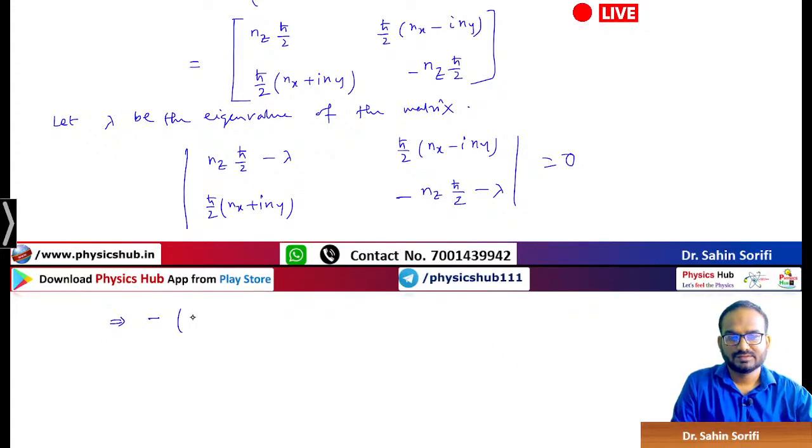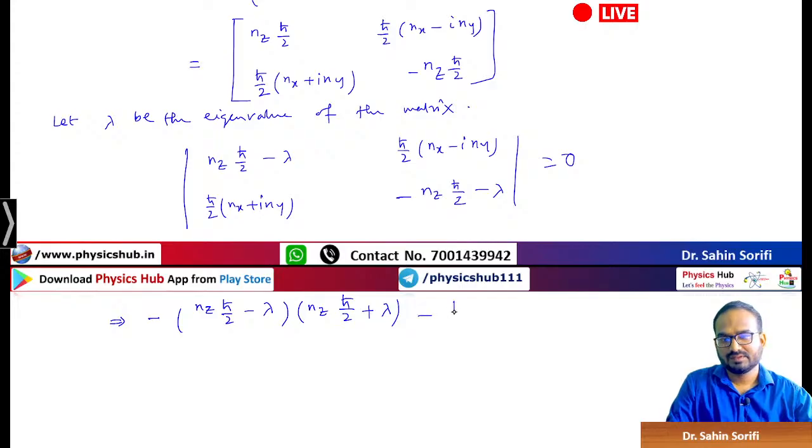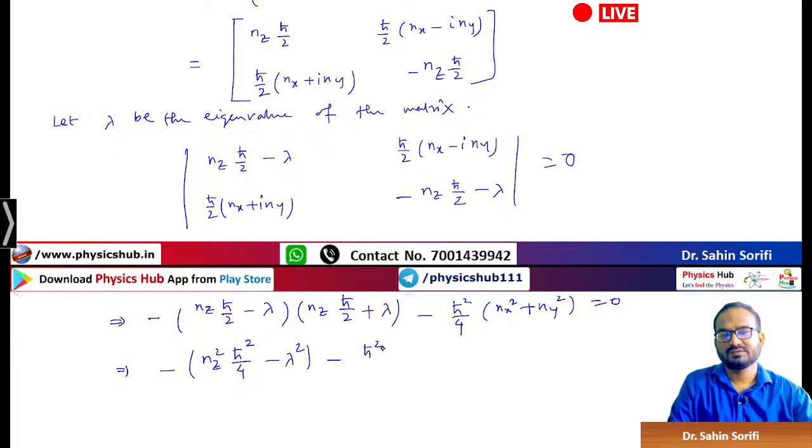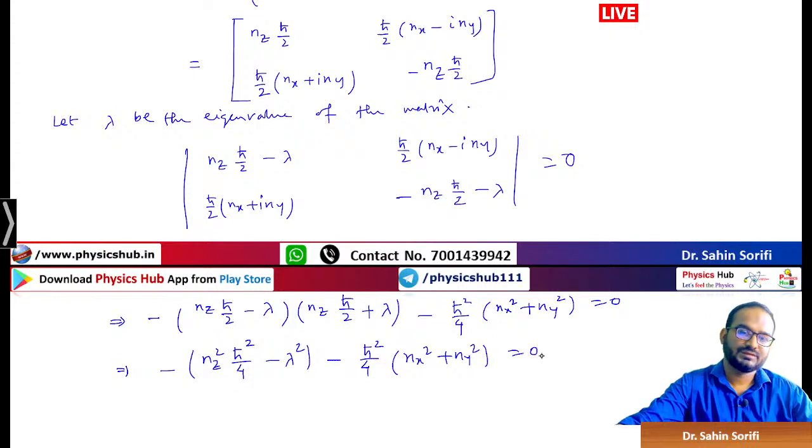So minus, you see, nz h bar by 2 minus lambda and nz h bar by 2 plus lambda, minus h cut square by 4 times nx square plus ny square, right? This equals 0, and this is minus a minus b, a plus b. So nz square h cut square by 4 minus lambda square minus h cut square by 4 times nx square plus ny square equals 0.